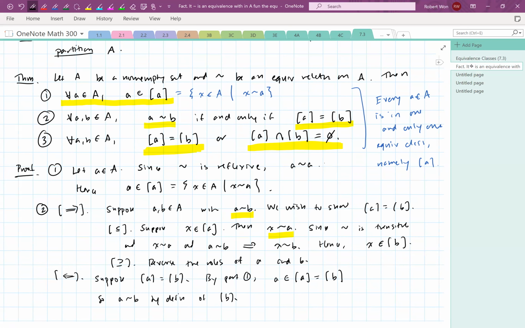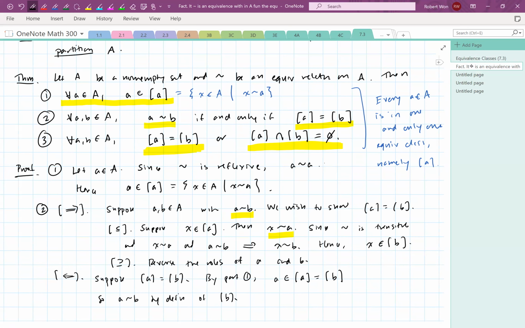Let tilde be an equivalence relation on A. Then if I take C to be the set of all equivalence classes of tilde, then C is a partition of A. Okay, really, this is just a restatement of the theorem that we just proved on equivalence classes.